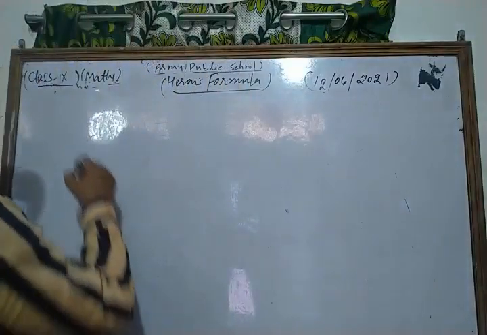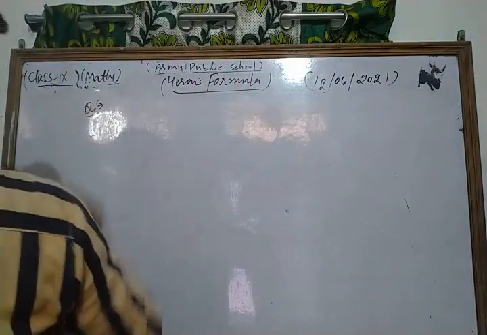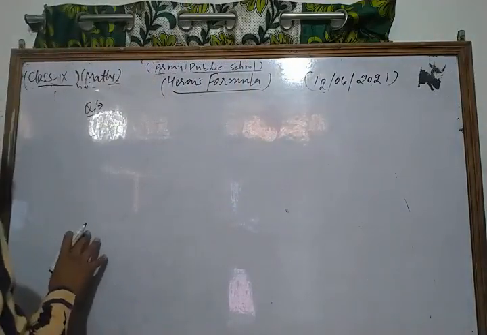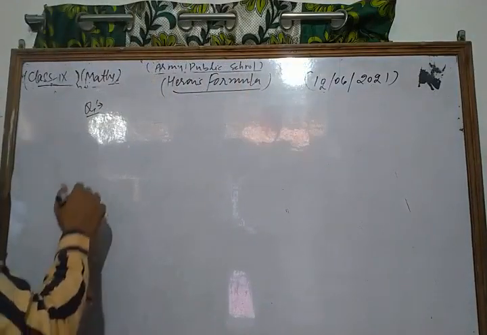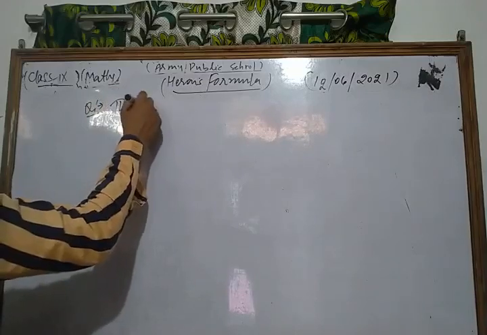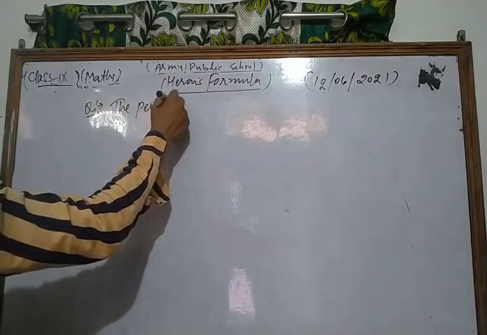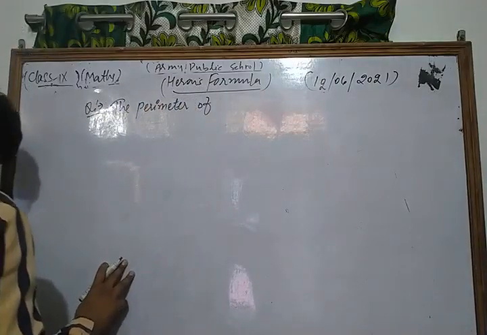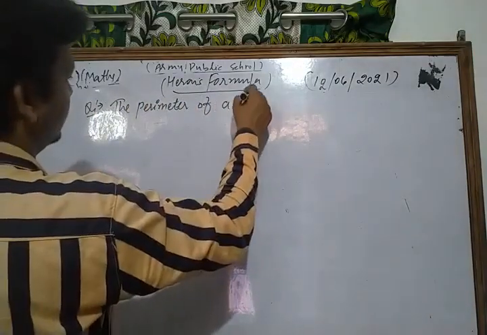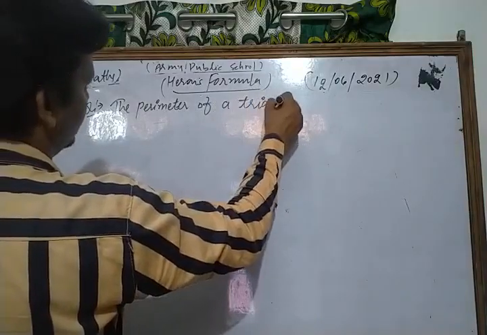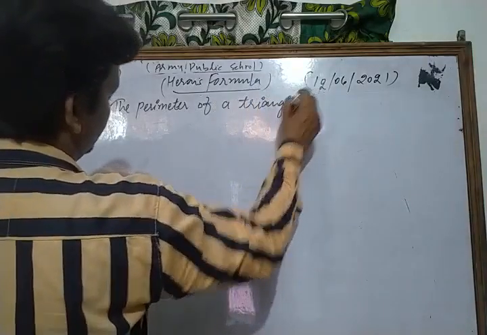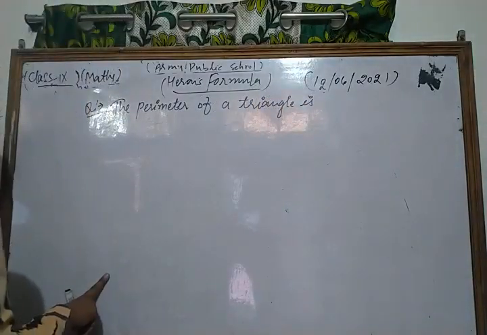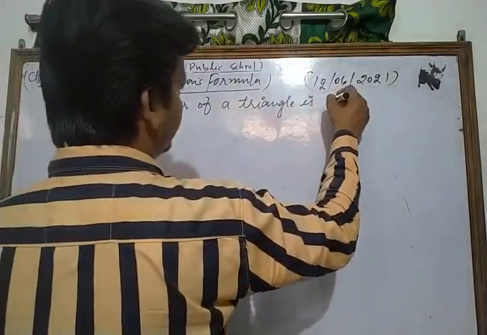The next question is: the perimeter of a triangle is 300 meter.